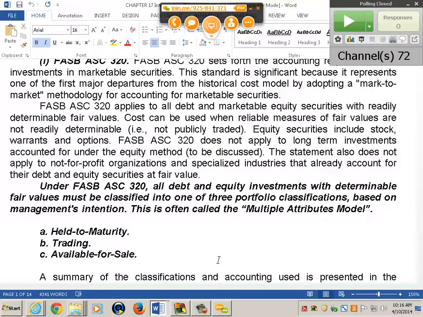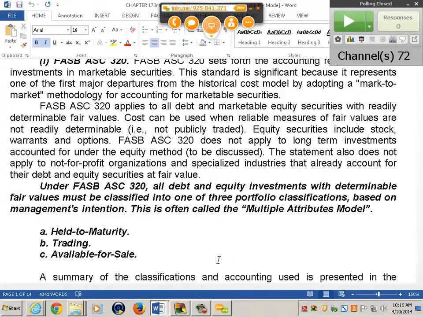In that case, we would maintain them at cost. Today, it's probably not all that difficult to measure fair value, as we'll see. We could estimate fair value, but for the most part, if you determine that fair values are not reliable, then you could still carry the investments at cost.